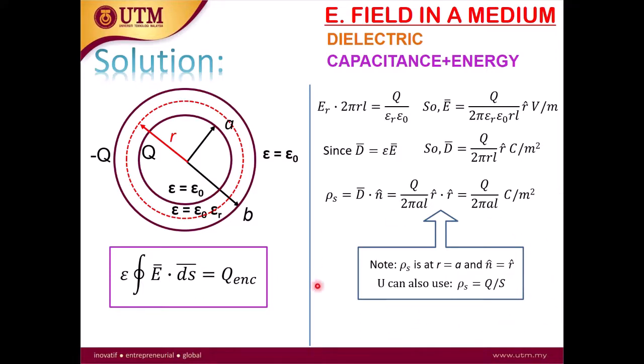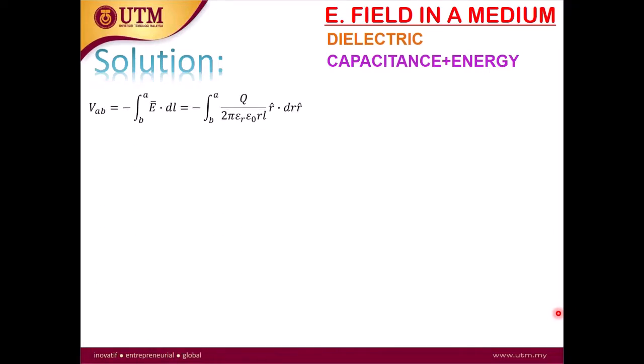Note that rho S is at r equal to a and the normal vector is equal to r. You can also use rho S equal to Q divided by S, because this is a uniform surface. When we know E, we can determine VAB by using negative integral from b to a of E dot dl.